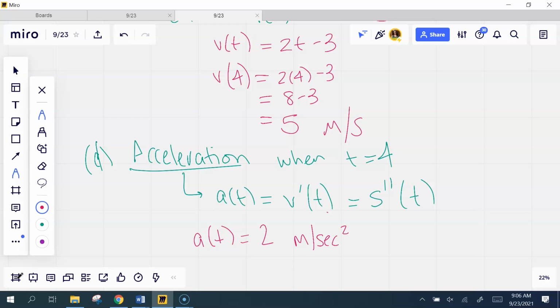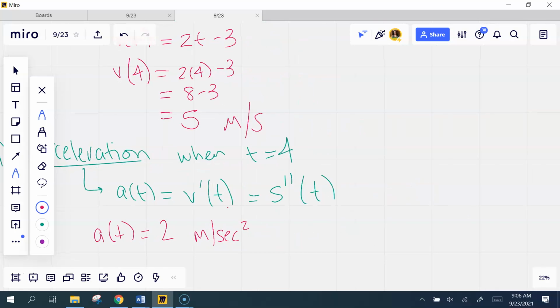So you're finding the derivative of 2t minus 3? Yes. Just to sum this up, position here was t squared minus 3t plus 2. Velocity then is 2t minus 3. And acceleration is just 2.